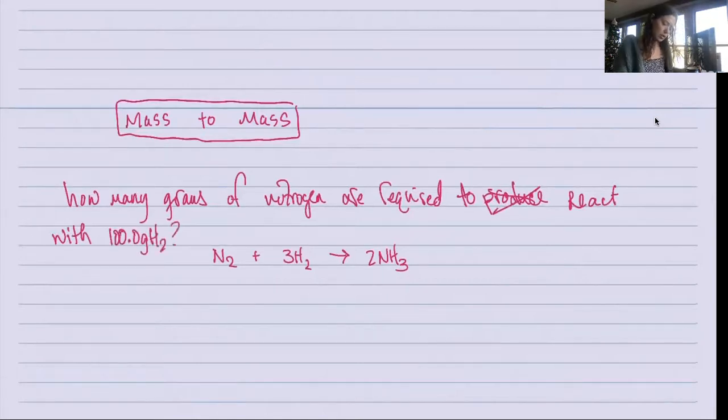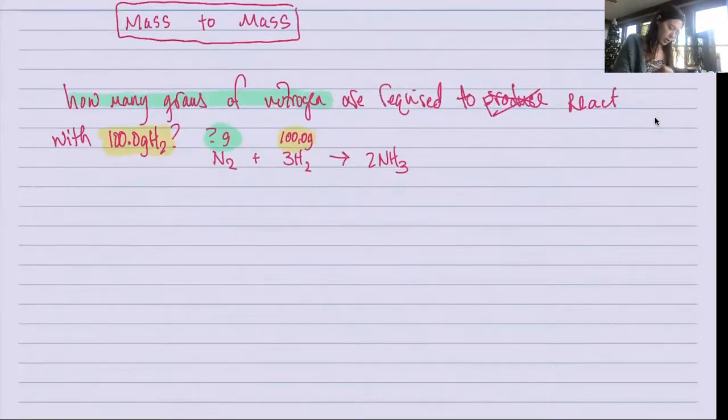Okay, so once again, let's just look at what we're given. We've got 100 grams of hydrogen, so let's go to our hydrogen and write 100 grams. And we also have how many grams of nitrogen? So there's our question mark, grams. So we always start with what we're given. That's 100 grams of what?